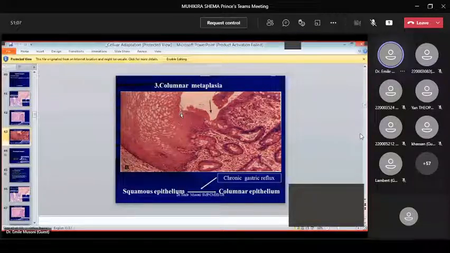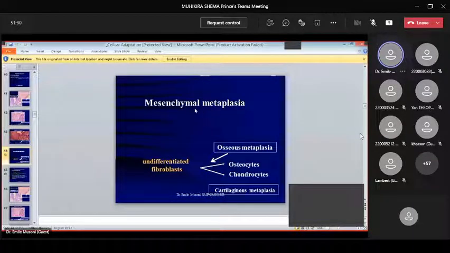Because of the chronic gastric reflux, the squamous epithelium will become columnar, like this here. So this one is known as metaplasia.